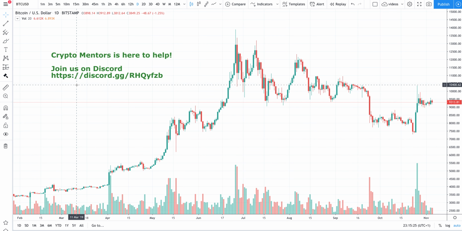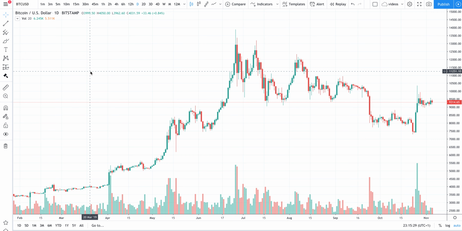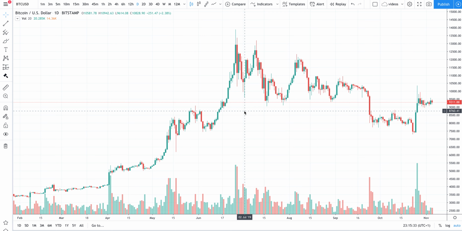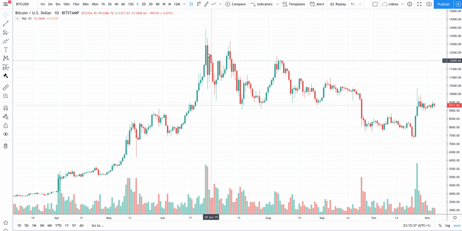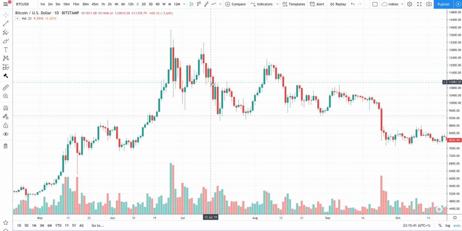Okay, so first of all, let's start from really the basics. What we are looking at? This is a chart, and every element of this chart is known as a candle.